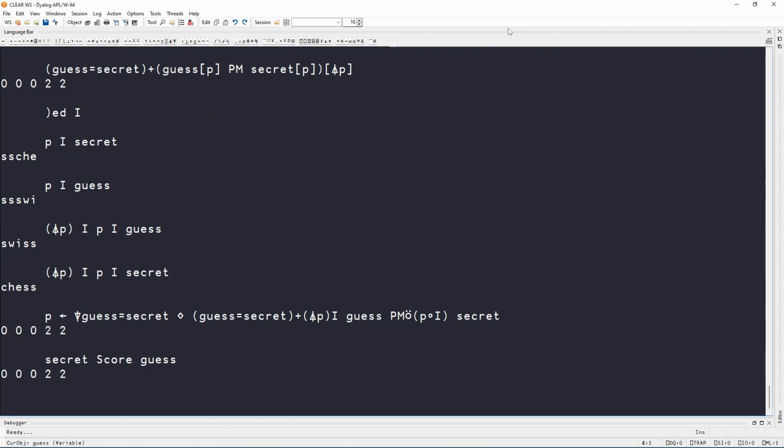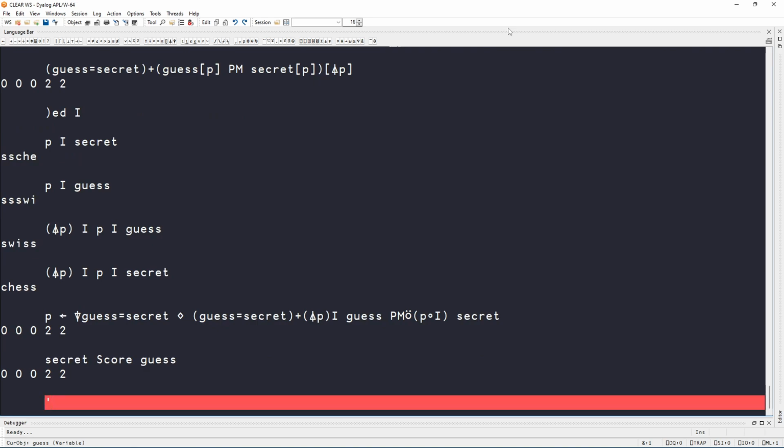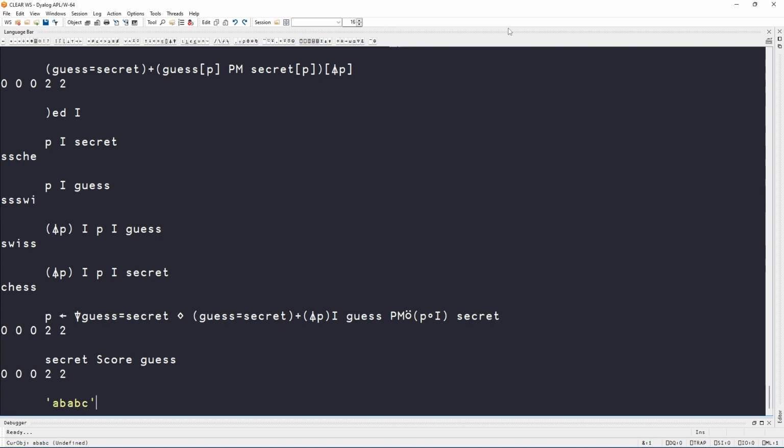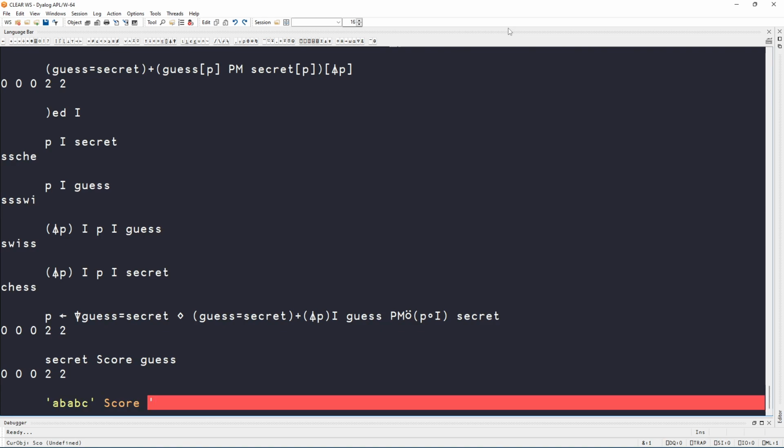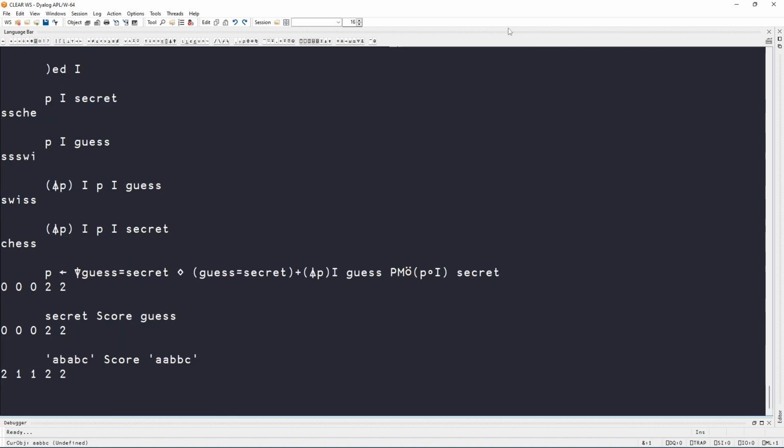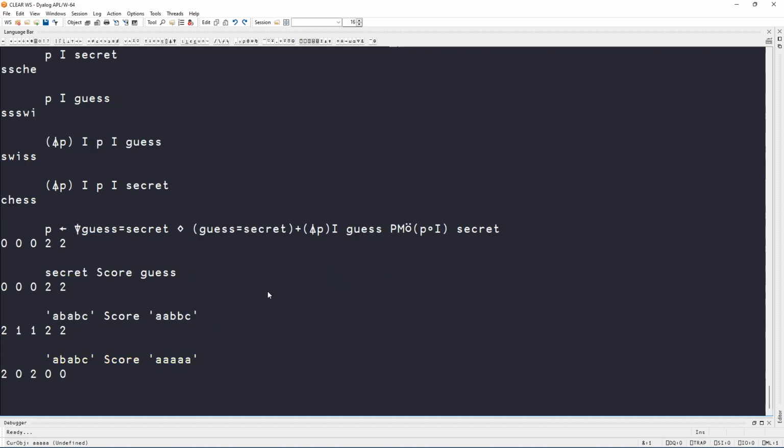So let's say something like AB, ABC. Now let's score something like AA, BBC. Alright, so this seems to be respecting everything. Now, what if I have a bunch of A's? Now notice that the second A is this one, which is being matched up correctly with this one, and this one is being ignored, so everything is fine.